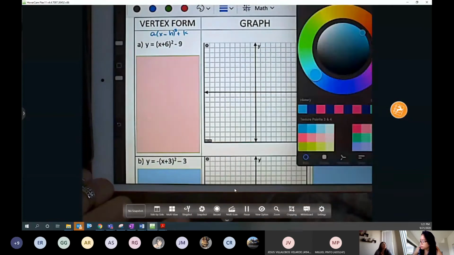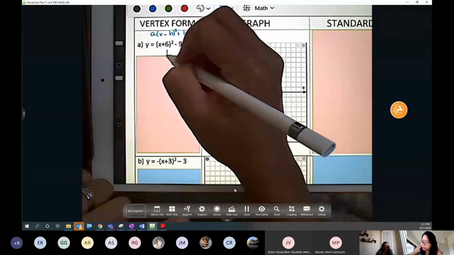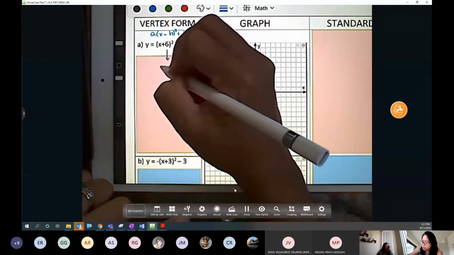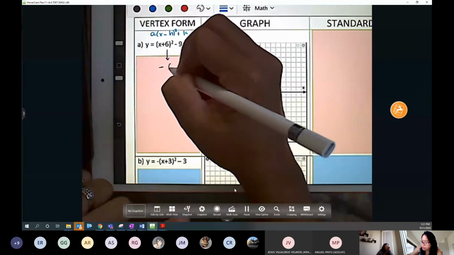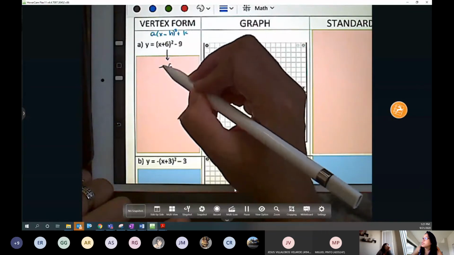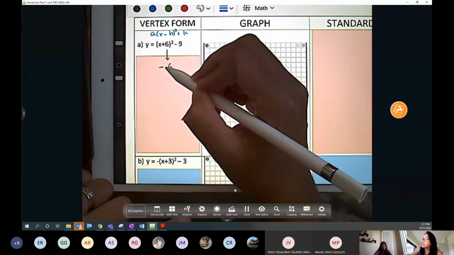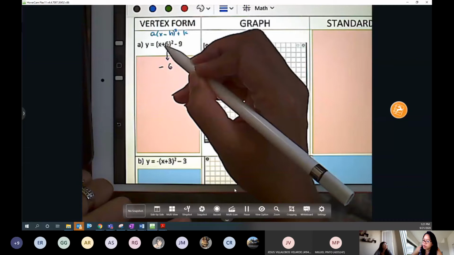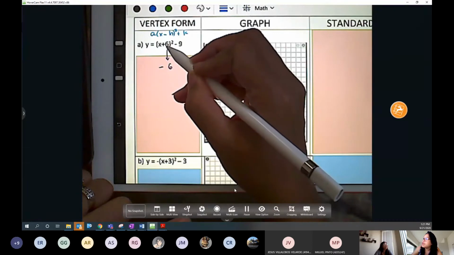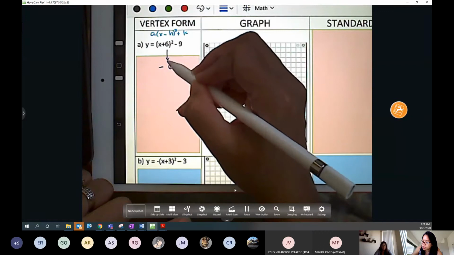Okay, so first thing first, we get the H inside the parentheses. It should always be a minus 6. Because the equation always calls for a negative, I need the second sign that would make this a positive, so I don't change the equation while I'm trying to get the vertex.